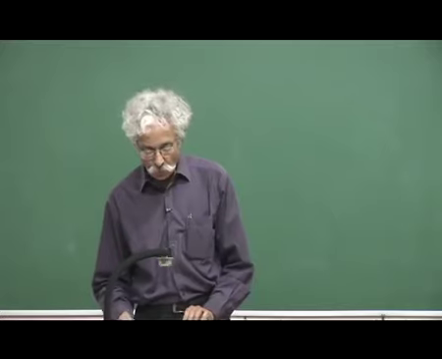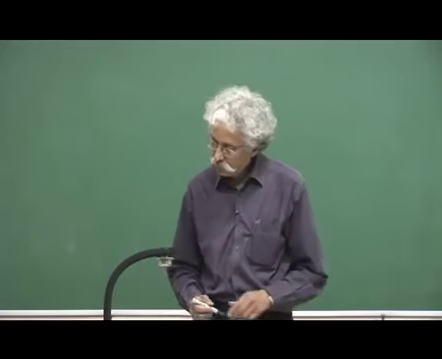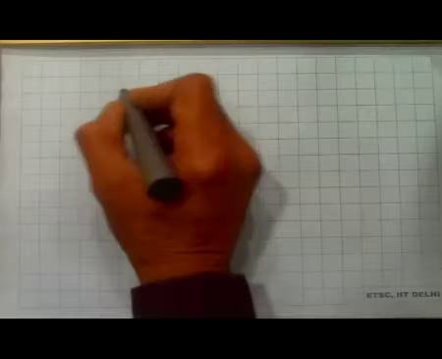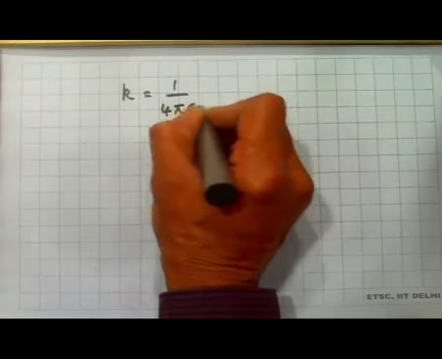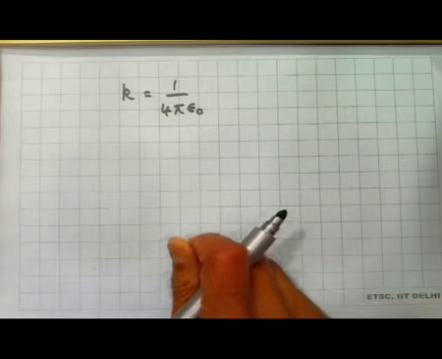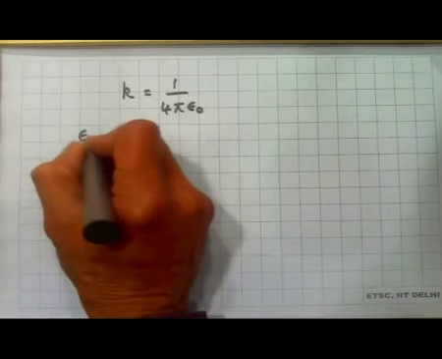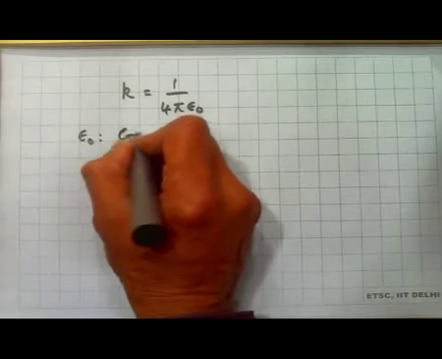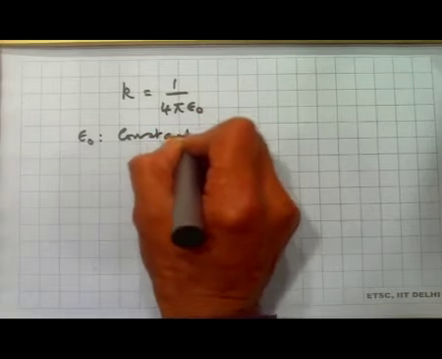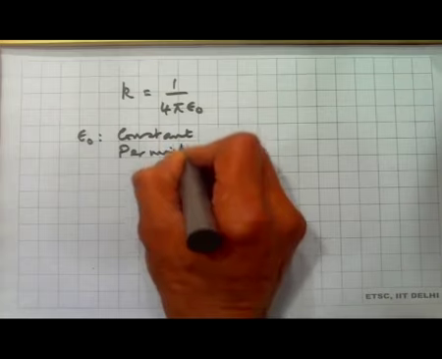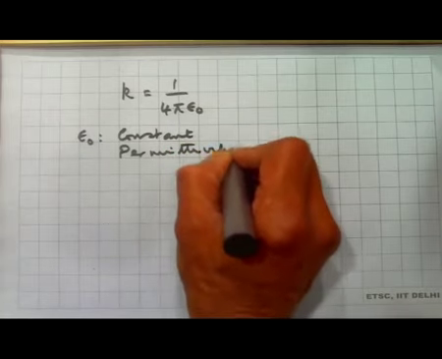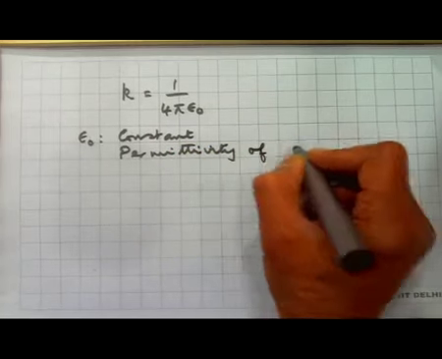Now, the proportionality constant K is written as 1 by 4 pi epsilon 0. Epsilon 0 is a constant referred to as the permittivity of free space.